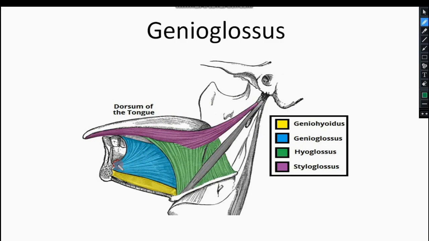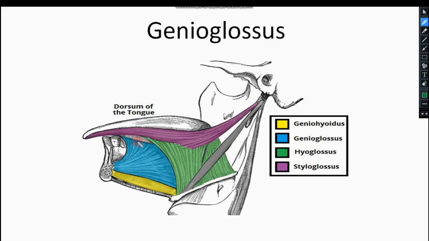The middle fibers are directed upward, whereas the upper fibers are directed first upward, then forward.